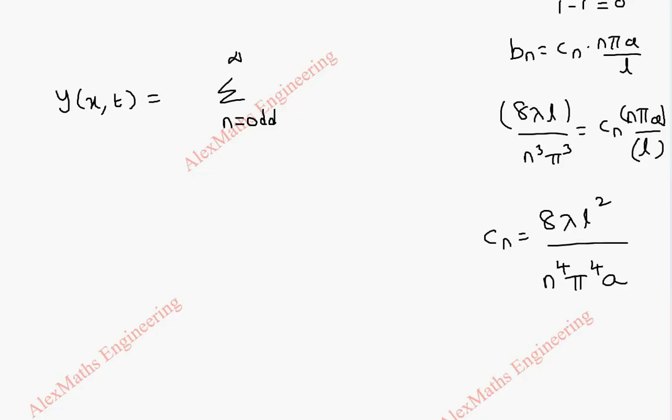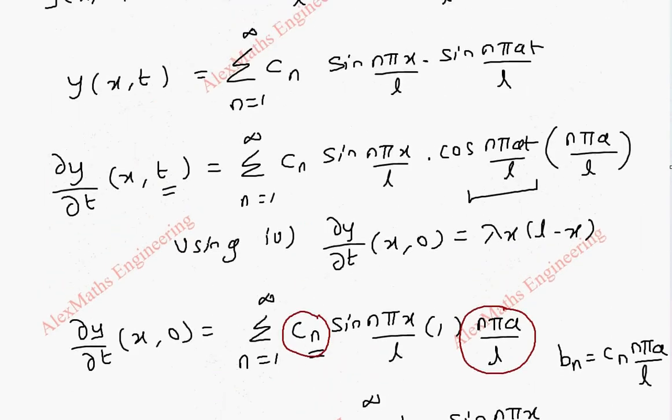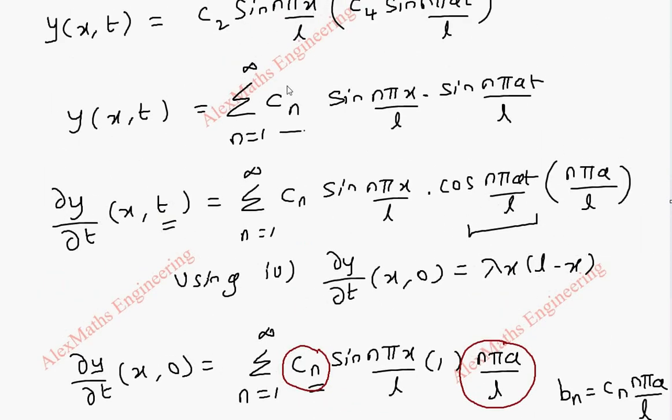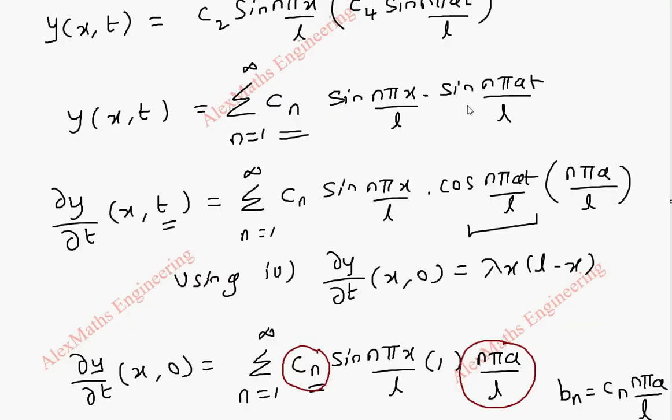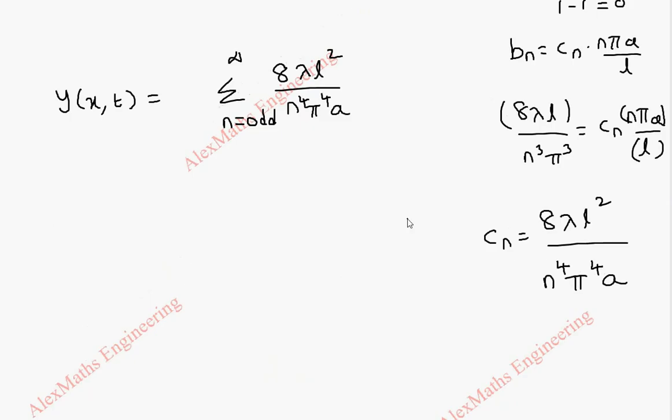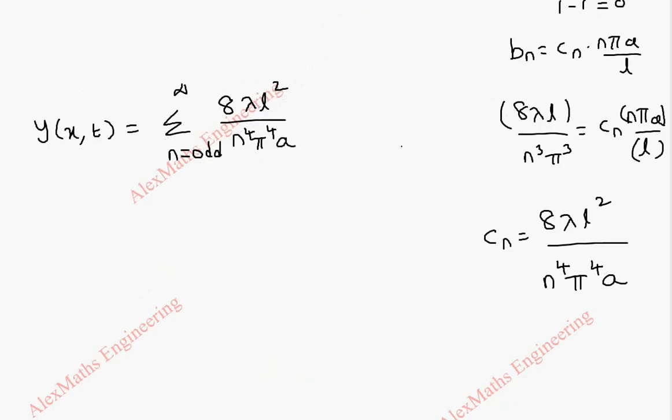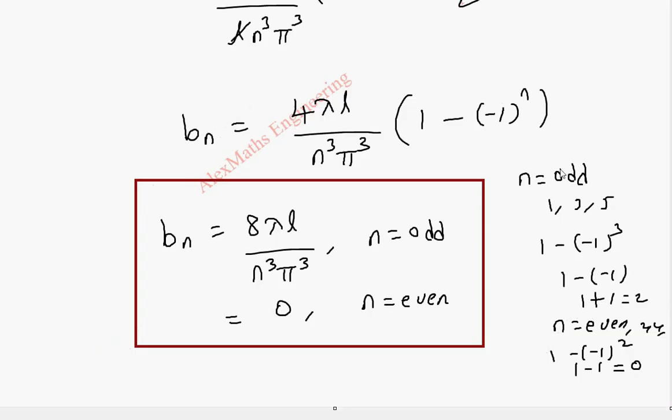So in our solution here we have Cn. So the Cn should be replaced. So when I replace it here, it will be 8 lambda L squared by n power 4 pi power 4 a. Along with that, we have sin n pi x by L, sin n pi at by L. So let's write it here, into sin n pi x by L into sin n pi at by L. There is a small correction.